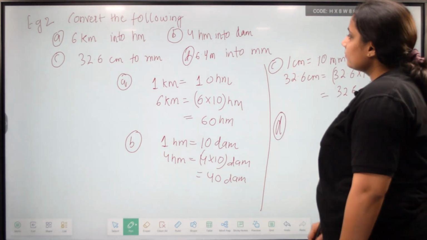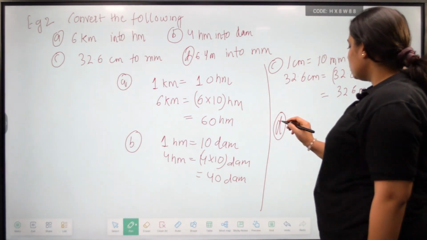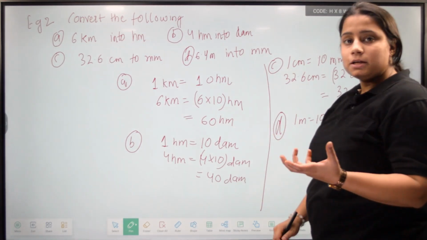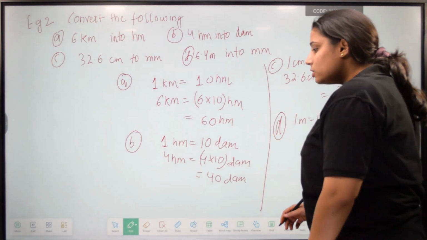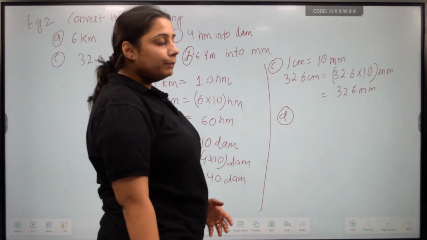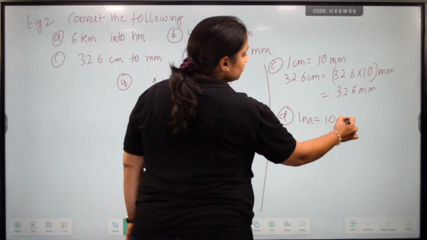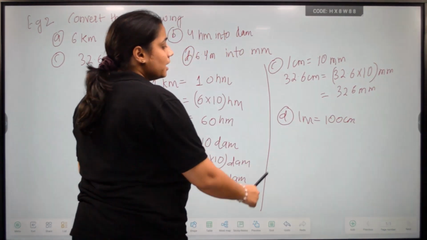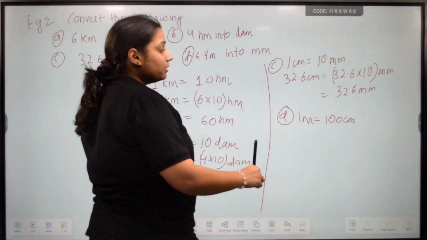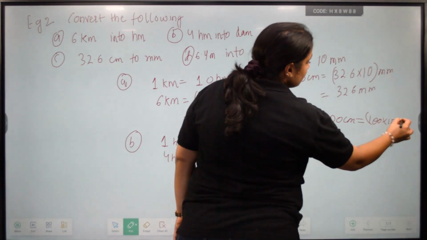In part D, 6.4 meter into millimeter. We know that 1 meter is equal to 100 centimeter and 1 centimeter is equal to 10 millimeter. So it is equal to 100 into 10 millimeter.